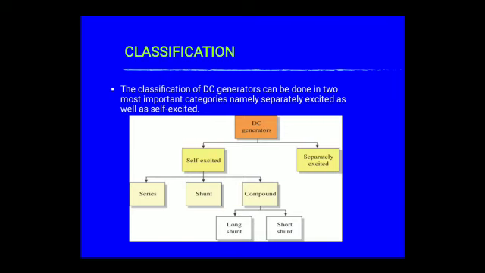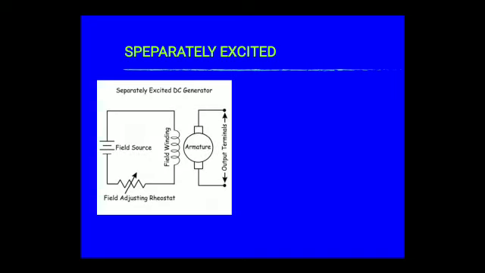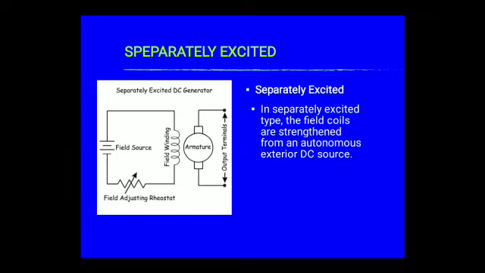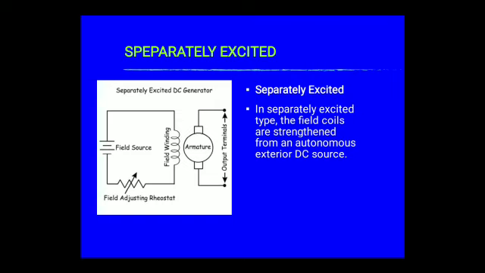So now, the first one is the separately excited DC generator. So this is the circuit diagram of a separately excited DC generator. In the separately excited type, the field coils are energized or excited from an autonomous exterior DC source.